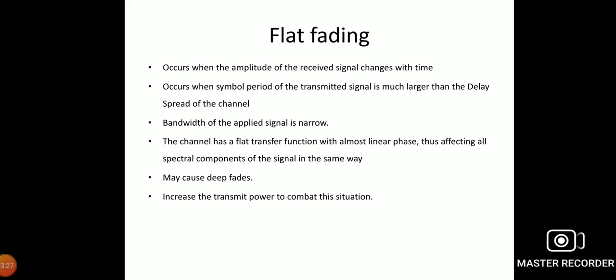When the gain of the channel changes over time, the amplitude of the received signal will change, while the spectrum of the transmitted signal is preserved. So flat fading channels are also called amplitude varying channels, or narrowband channels, because the bandwidth of the applied signal is narrow compared to the bandwidth of the channel.